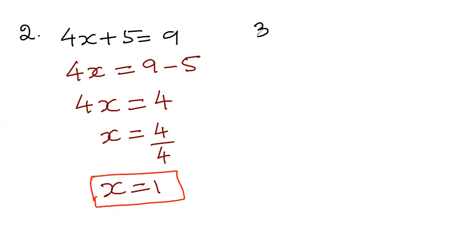Let's see a few more questions. How about minus 2x plus 8 equal to 2? So here we have negative 2x plus 8 equal to 2. Now first what we have to do is move all the constants to one side.